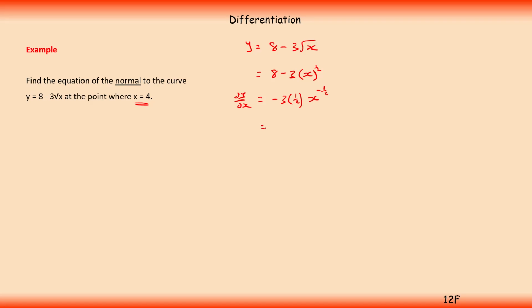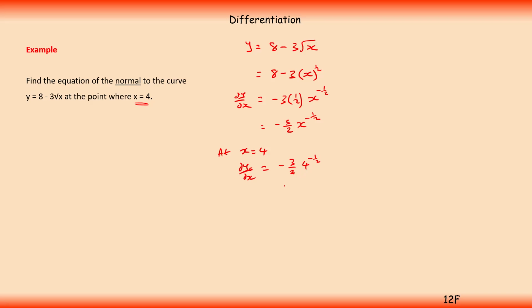So if we simplify that, we've got minus 3 over 2 x to the power of minus a half. So at the point x equals 4, the gradient dy by dx is given by minus 3 over 2 times 4 to the power of minus a half.